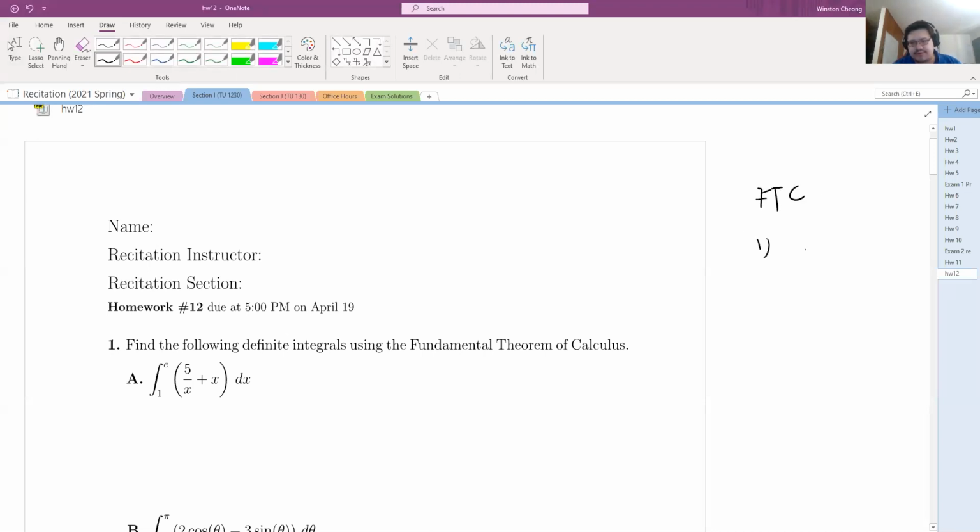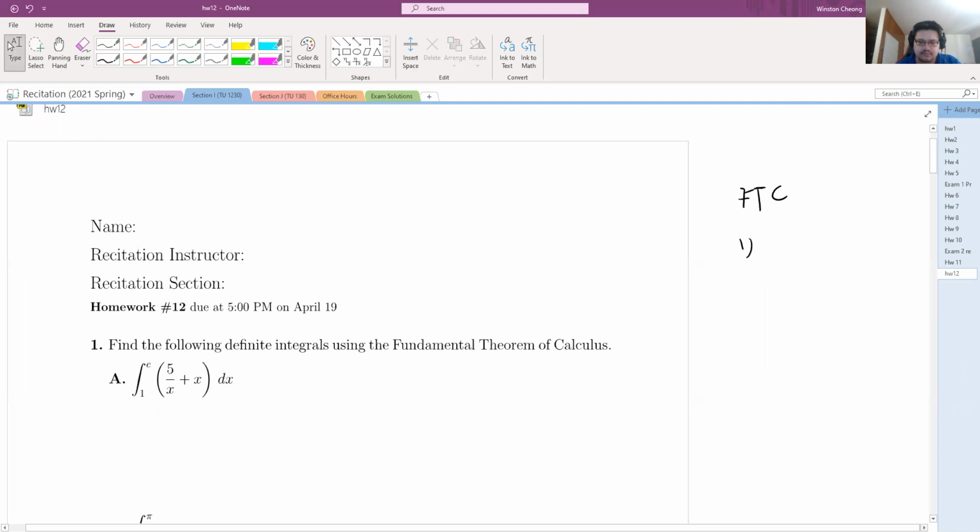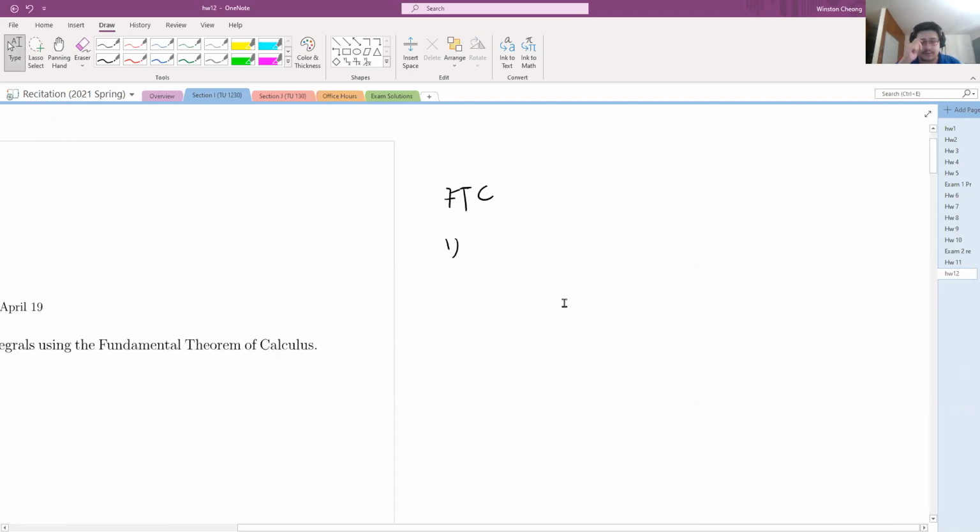FTC, the first part of it, involves what happens when you take the derivative of an integral. So it looks like this: d dt of something from a to x of f of x dx.